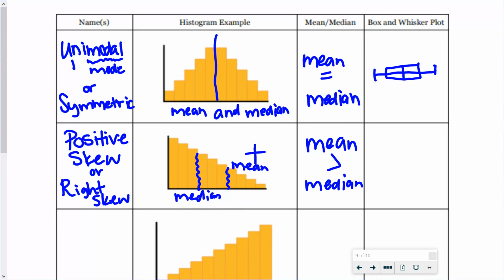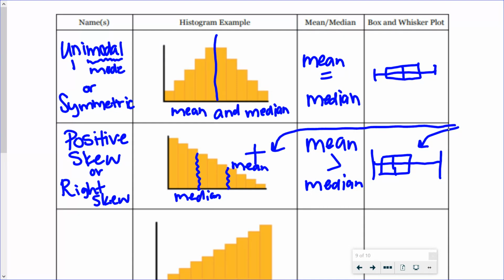And our box and whisker plot is going to get pulled towards the left, or it's going to look almost kind of like how our graph looks, where we have more data on the left side, and this tail, both of these, in both our box and whisker plot and our histogram, this kind of smaller spot is called the tail. So our tail is on the right.